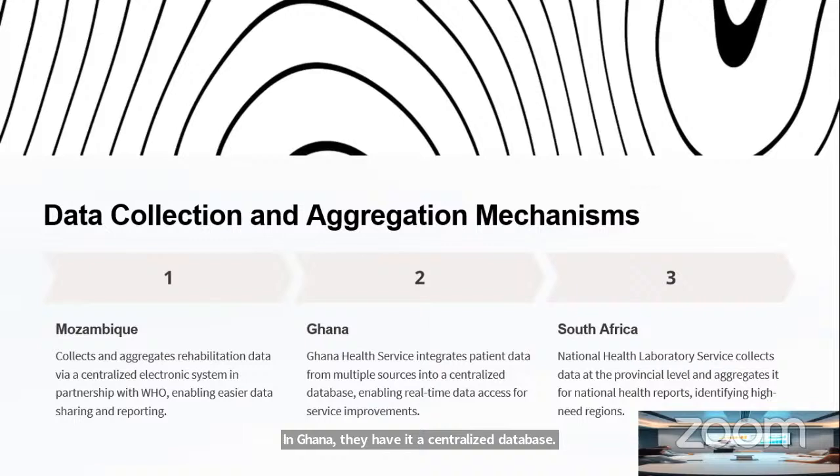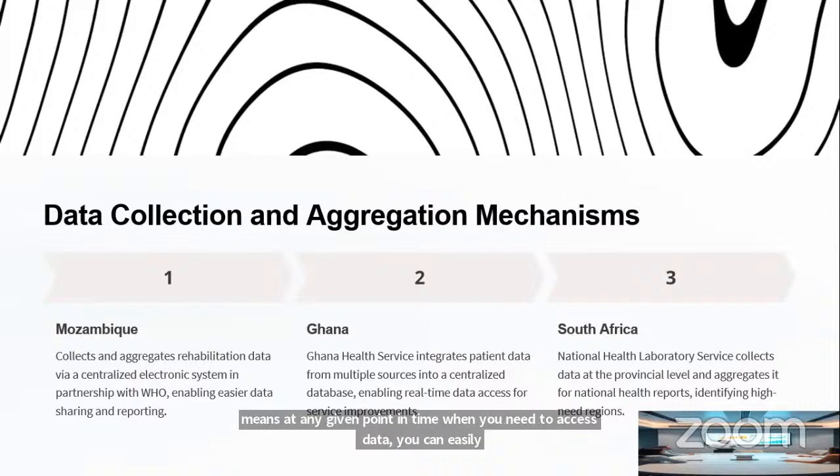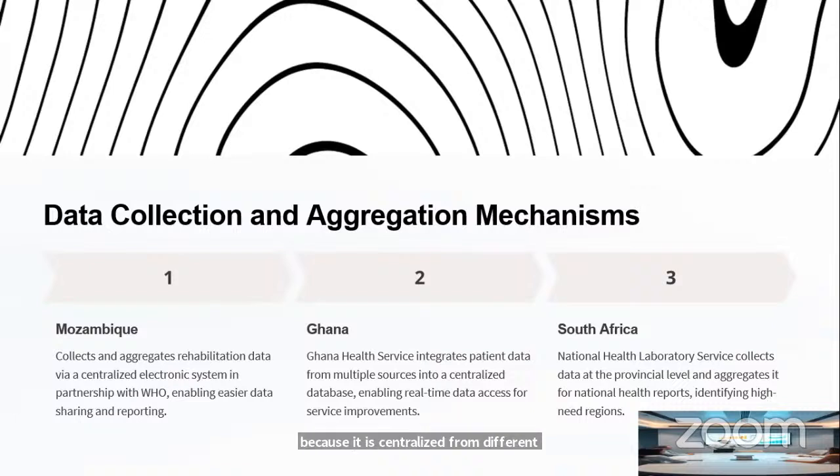Which now have real-time access to data. That means at any given point in time when you need to access data, you can easily get access to it because it is centralized from different or multiple sources. So you can get a lot of data, a very big data to use. And this one gives them leeway to improve the services given their clients.